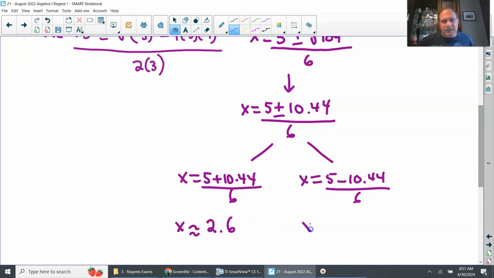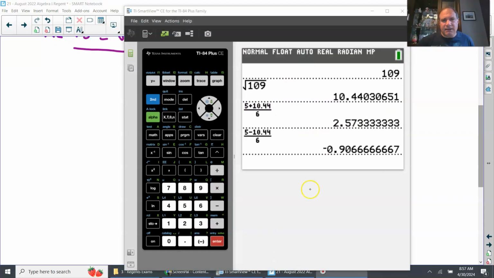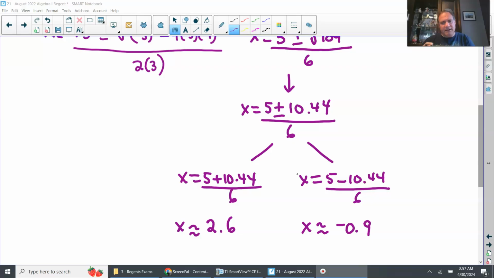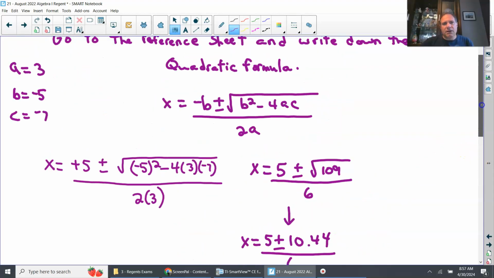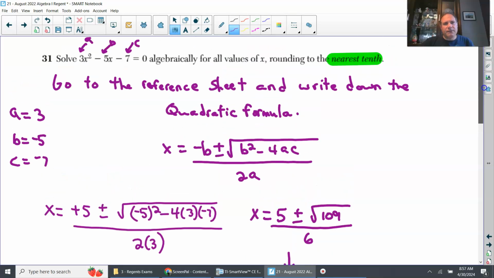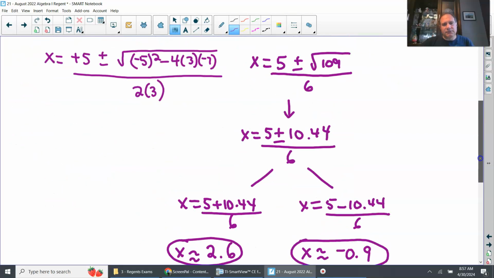And then x also equals negative 0.9, because if you have negative 0.90, it's going to stay a negative 0.9. So those two answers are the values of x, solving algebraically. That's it.